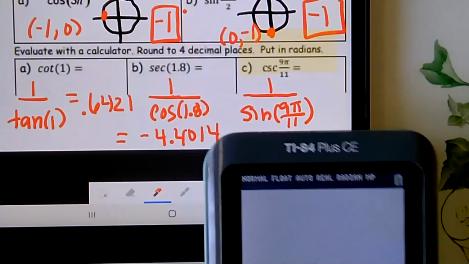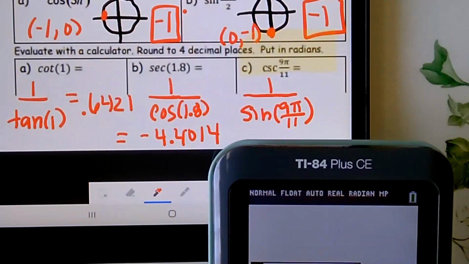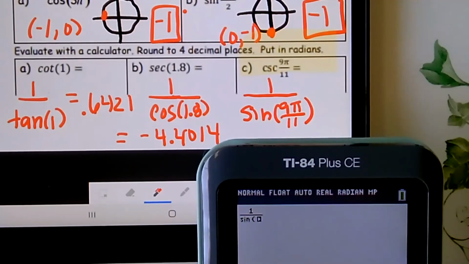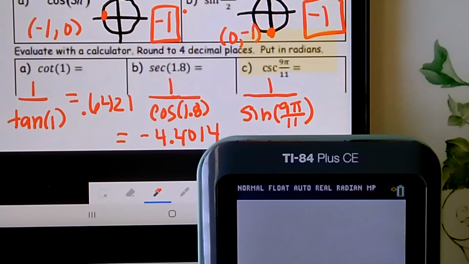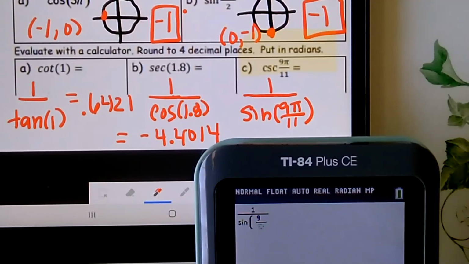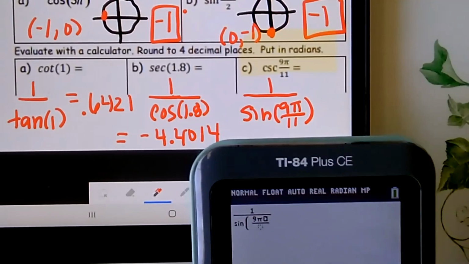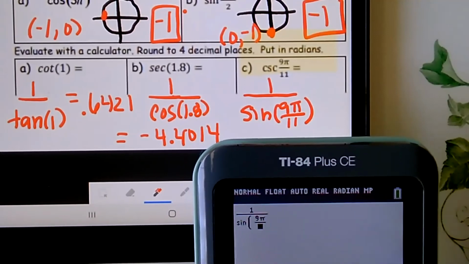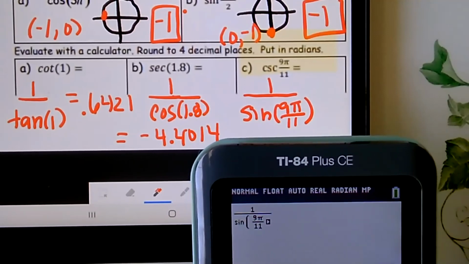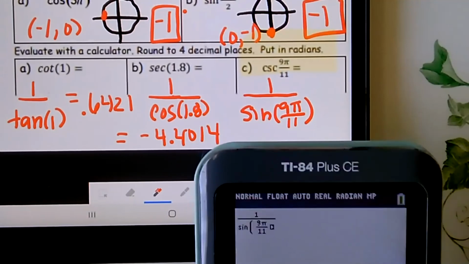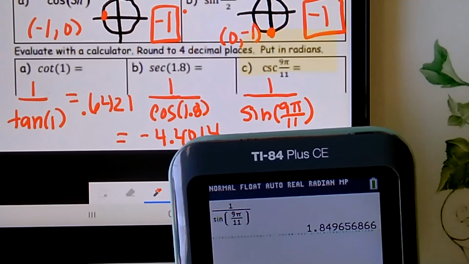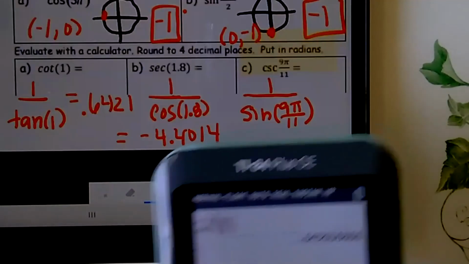I'm going to do fraction, 1 over sine, and then fraction, and type in 9 pi, because if I don't, I would need parentheses around the 9 pi and then divided by the 11. But if I do it like this, it'll do the proper order of operations. And I get 1.8497.